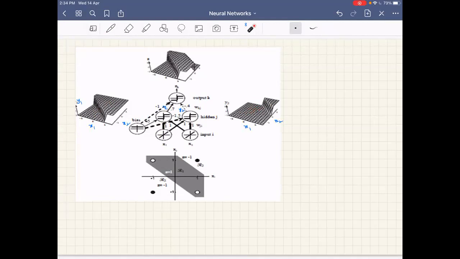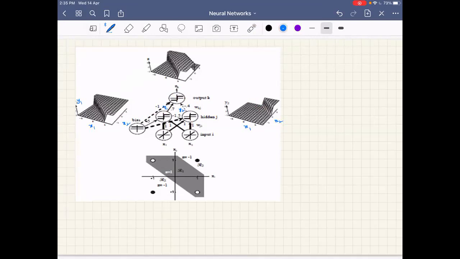But now, giving the output from two neurons to a third neuron is able to make a nonlinear decision boundary by algebraic combination of these two, right? So that's how the neural network has the ability to make nonlinear decision boundaries, right? And this is the motivation for the design of all neural networks.